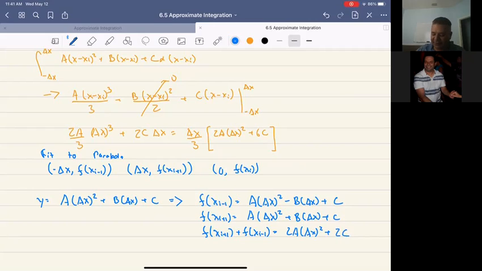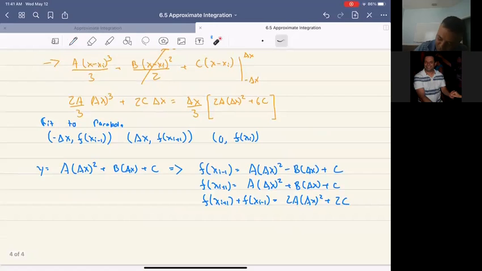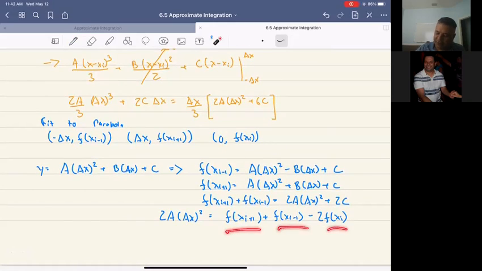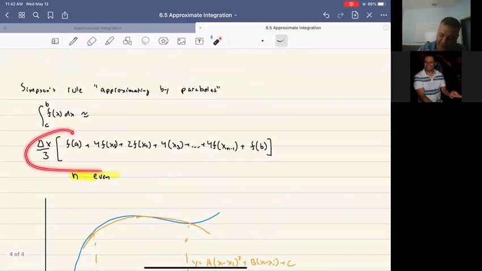Look at that. That gives us 2a delta x squared, which is there. Minus 2c, but c is f of xi. Okay. So now we add up all these terms, and that's how we're going to get this mess.